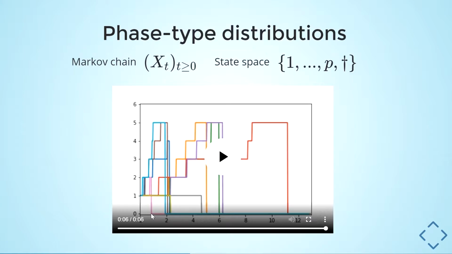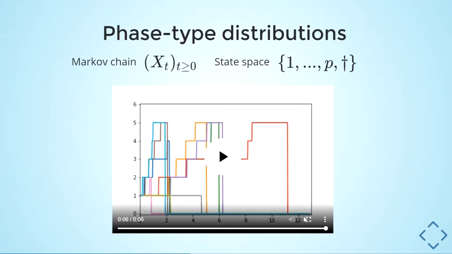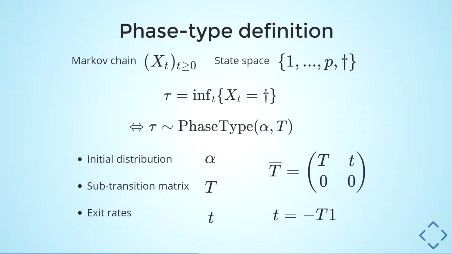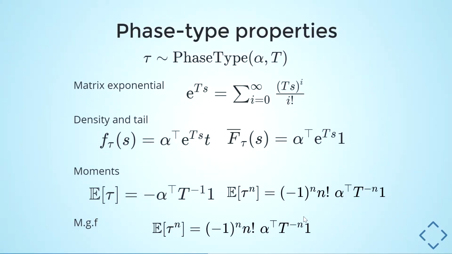So the points, the times when it hits 0, are instances of this phase type random variable. And so you specify them by saying what's the distribution of where you start, the alpha, and how quickly you transition between the different states. So that's just what I said.